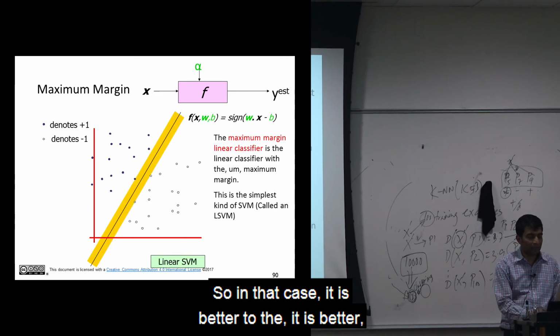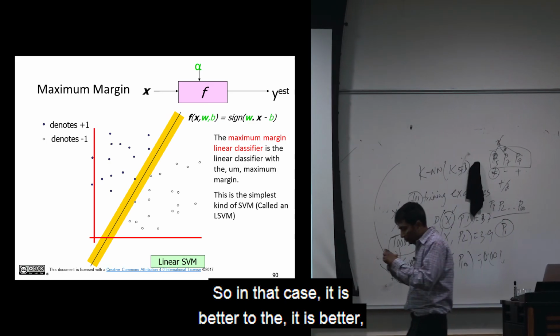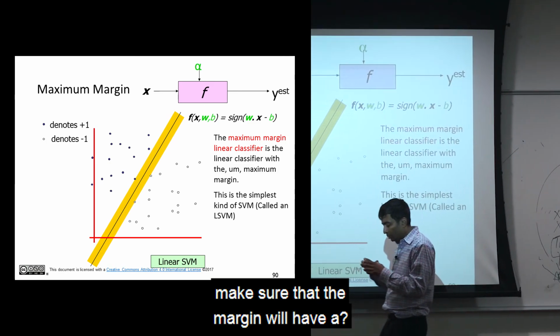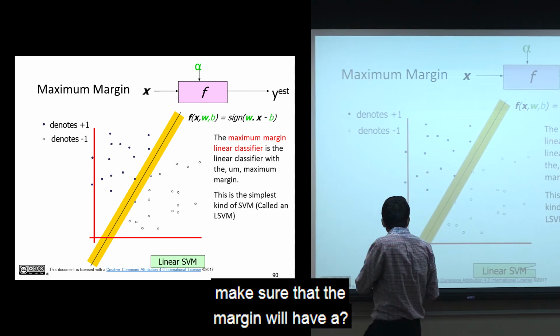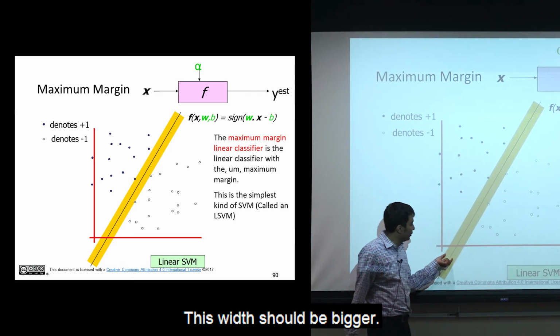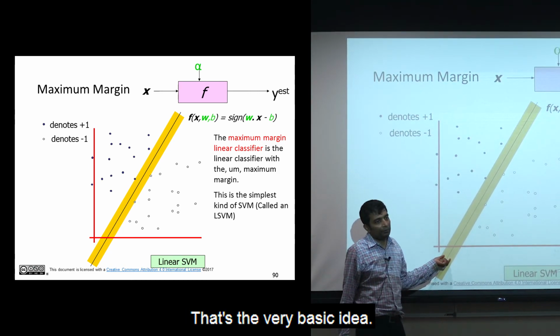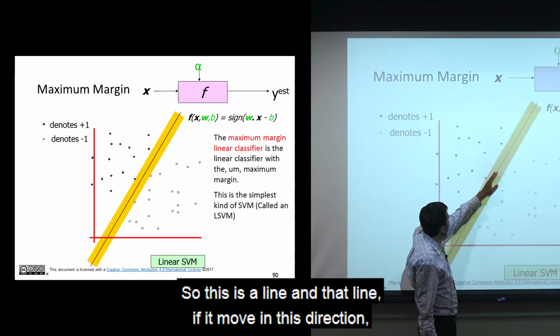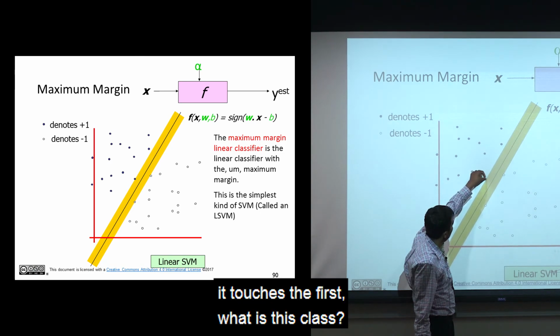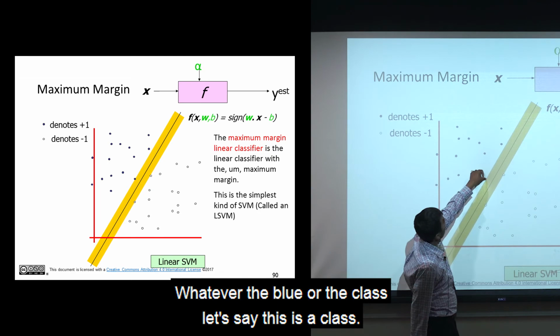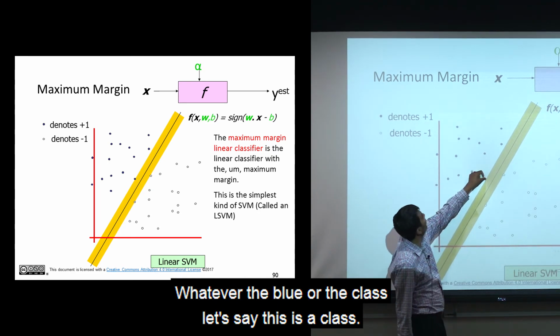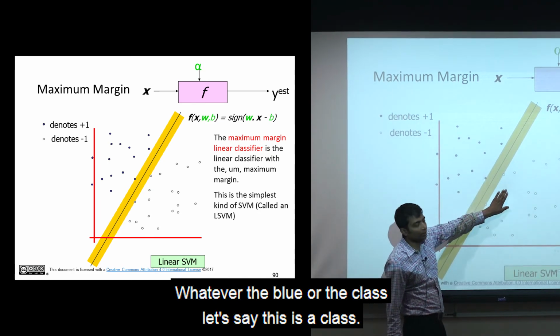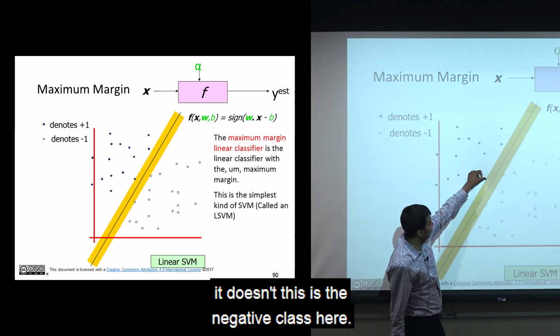So it is better to make sure that this width is bigger. That's the very basic idea. This is a line, and if I move it in this direction, it touches the first negative class point here, and in this direction it touches the negative class here.